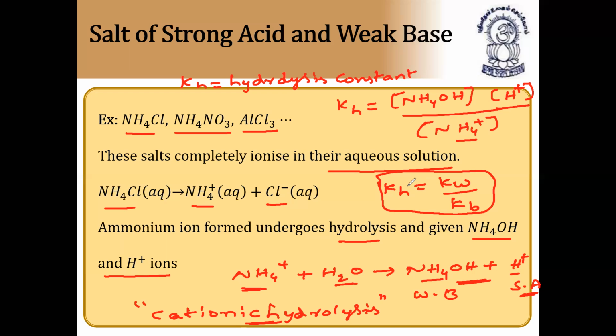Based on that, you can easily identify whether it will undergo cationic hydrolysis or anionic hydrolysis. So the salts obtained from a strong acid and weak base will undergo cationic hydrolysis. Very important.